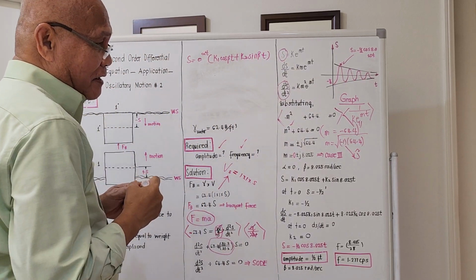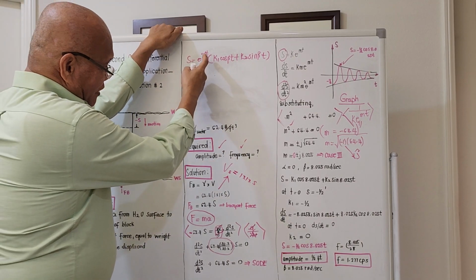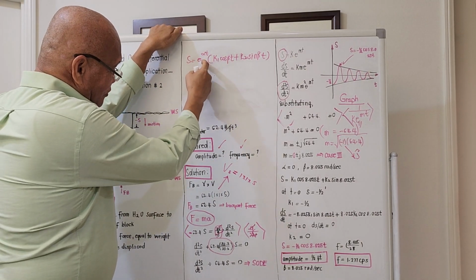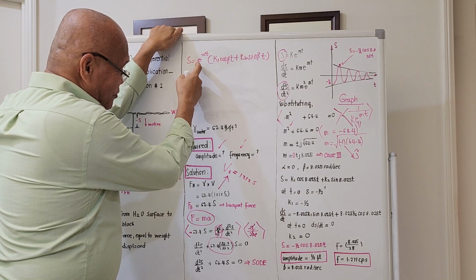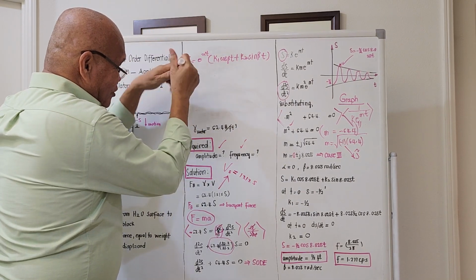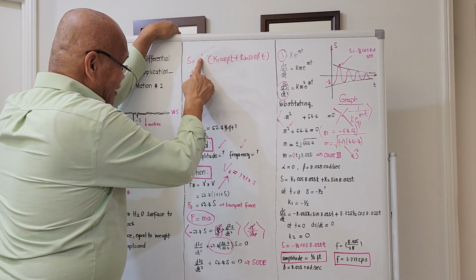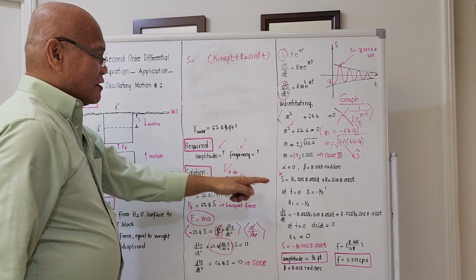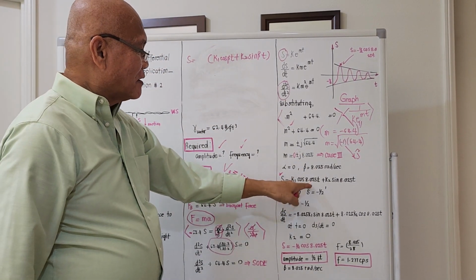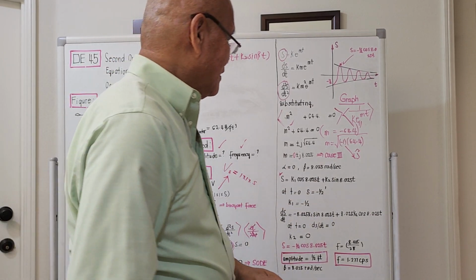I shortened it out. If alpha is 0, 0 times time will be 0, so the exponent of e will be 0, and this will become 1. So s will simply be k1 cosine of beta t plus k2 sine of beta t, right?